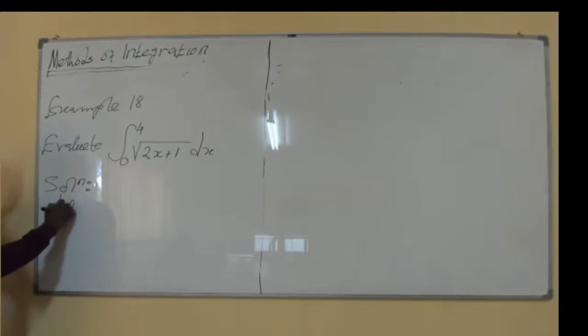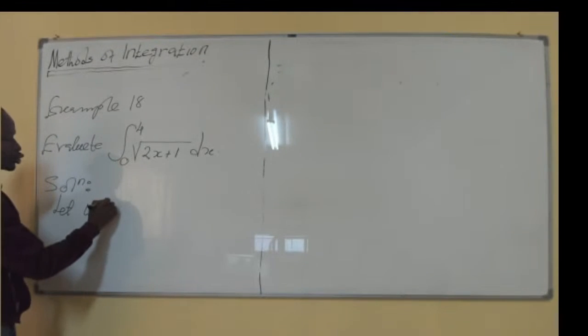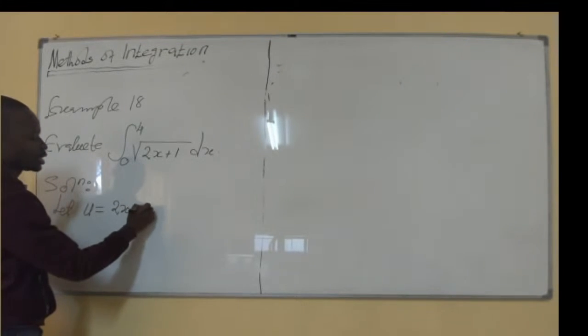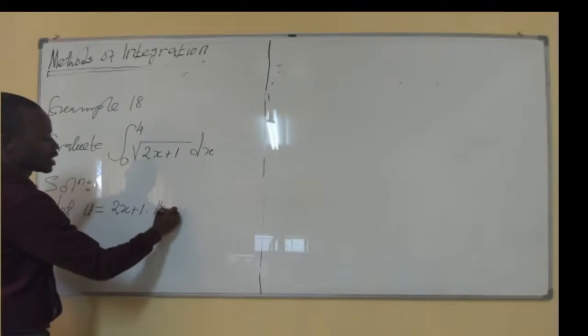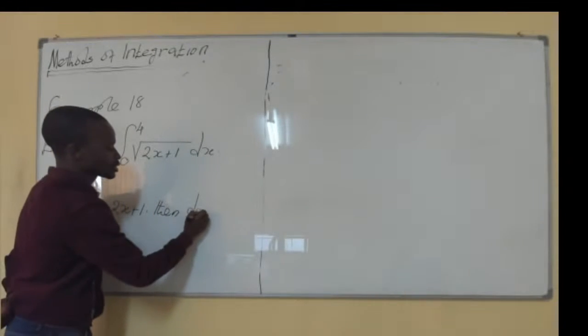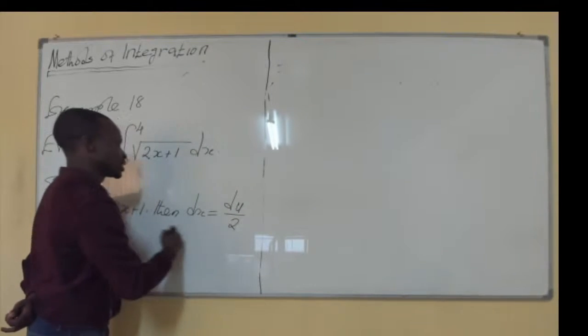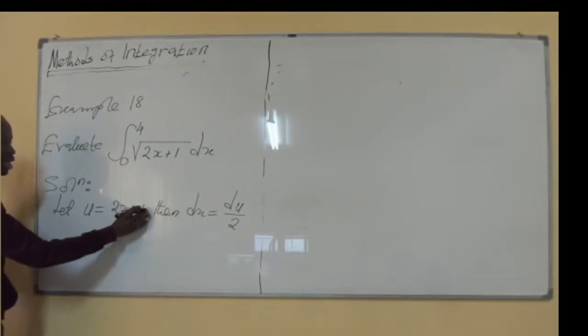So let's look at the solution. We let u be equal to 2x plus 1. Then dx will be equal to du over 2. At this stage, I think everyone knows how we are supposed to handle it.